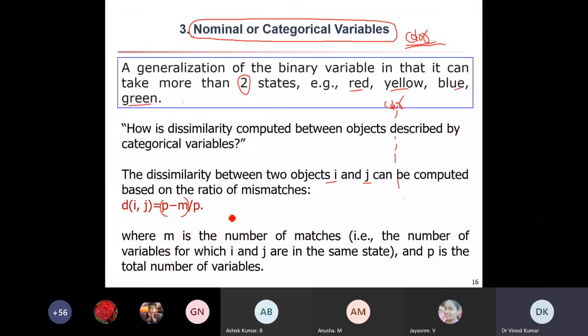This is the formula that we use. m is the number of matches between two objects, and p is the total number of variables that we have. So we can find the dissimilarity between object i and object j. Now I think it is clear how to deal with nominal or categorical data.